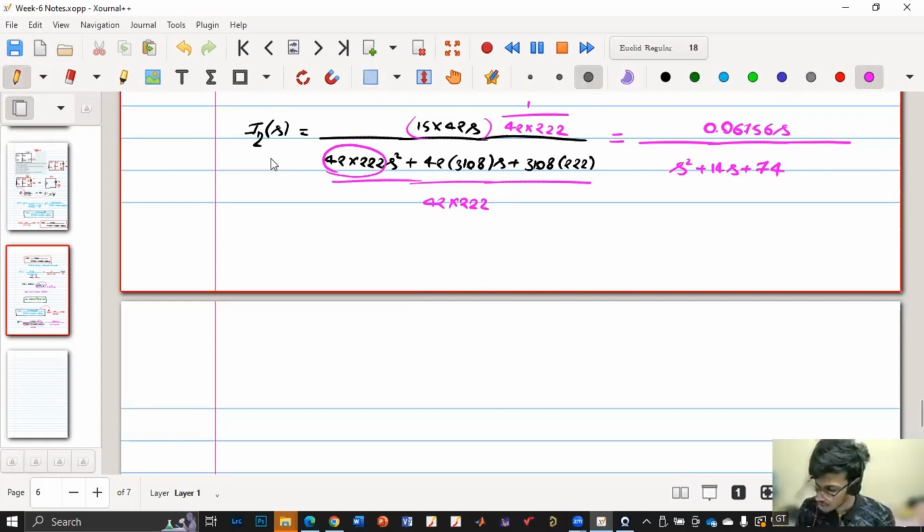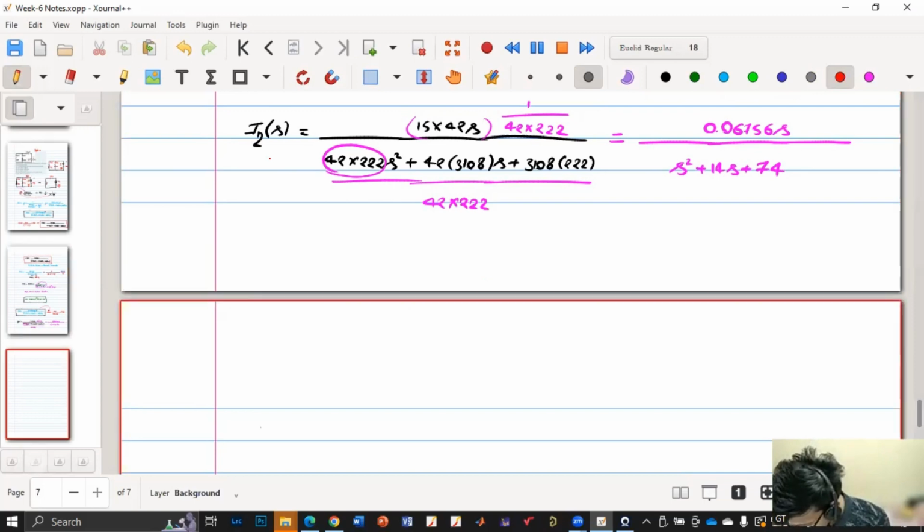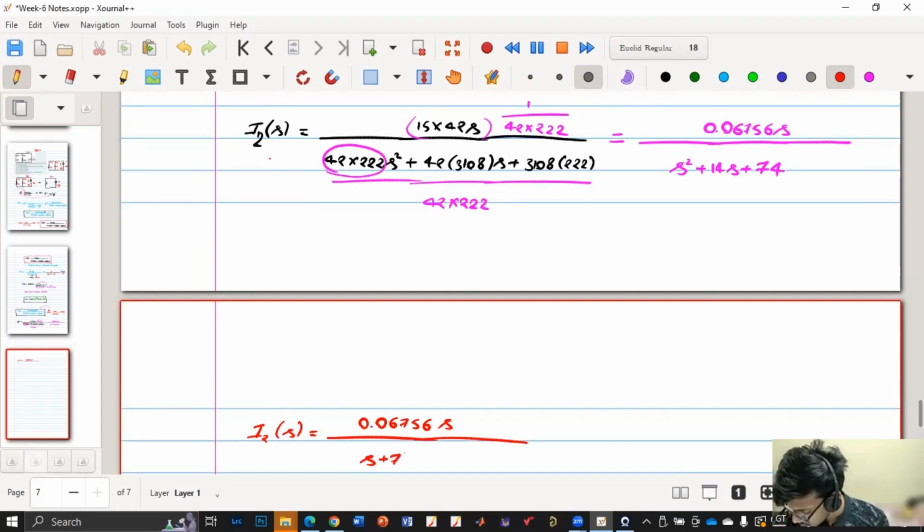So now we have I2 of S is equals to 0.06756 S. By denominator again we can write S plus 7 whole square plus 5 square.